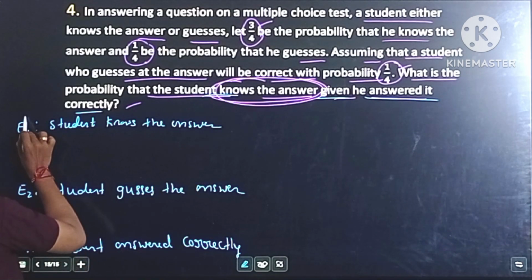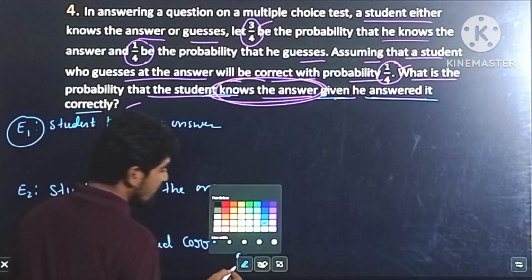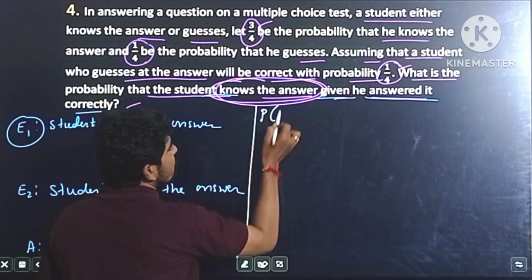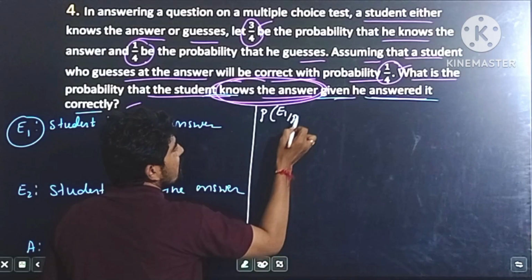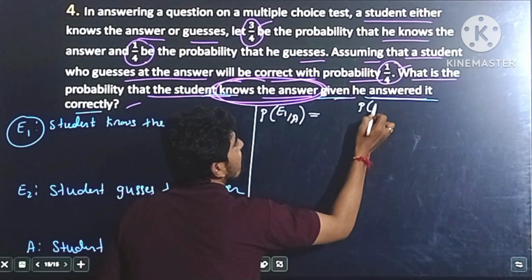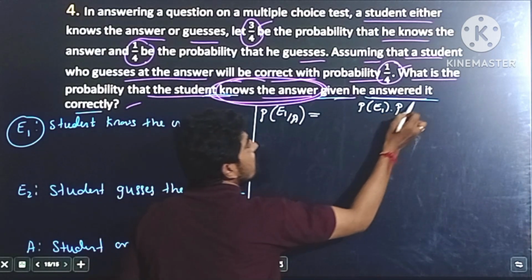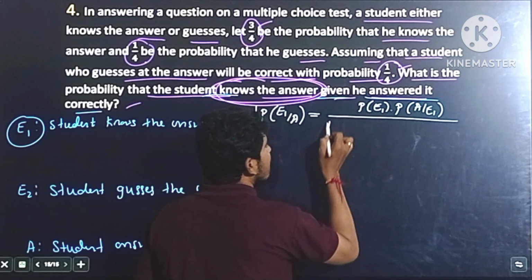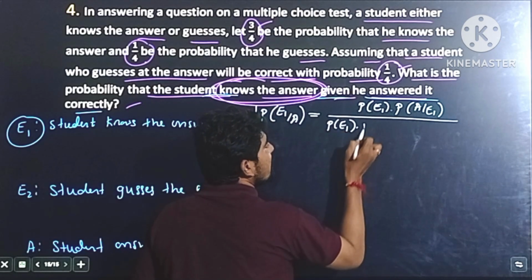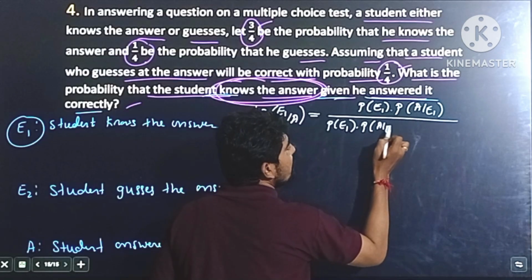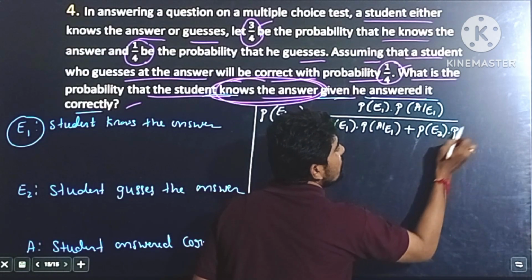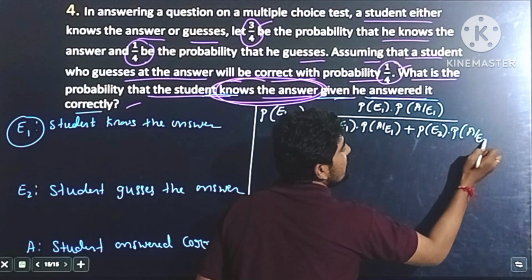So knowing the answer is event E1. Therefore the required probability is probability of E1 given A, which equals probability of E1 into probability of A given E1, divided by probability of E1 into probability of A given E1 plus probability of E2 into probability of A given E2.